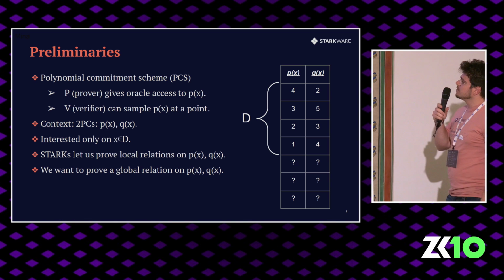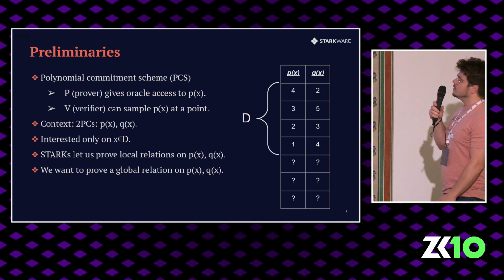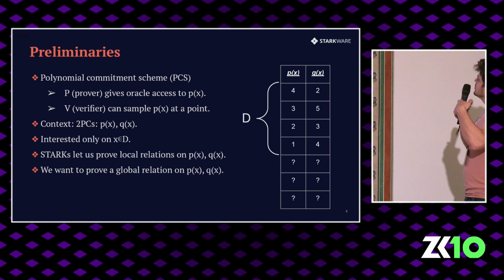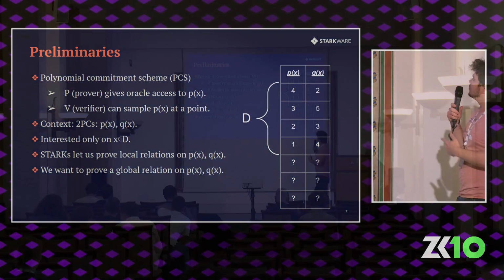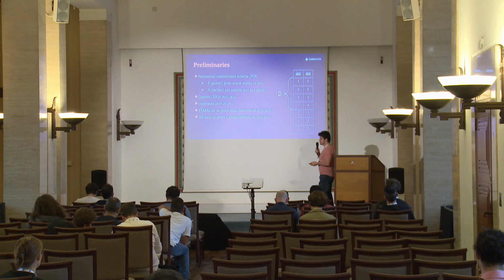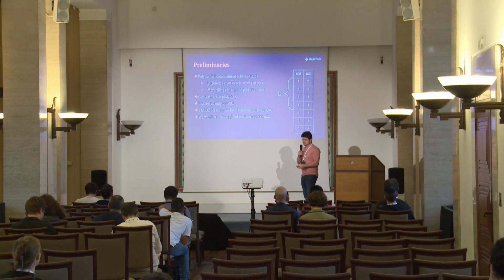Okay, so Starks are a tool that lets us prove some kind of local relations on polynomials. For example, some relation on the current row, or one row and the row after. But we want to prove some kind of global relation. And for that, we are going to use a lookup.